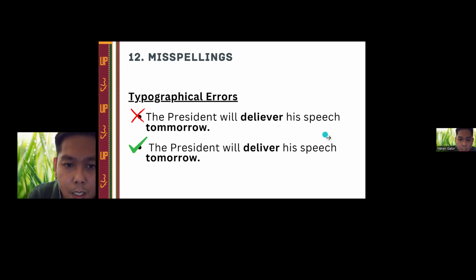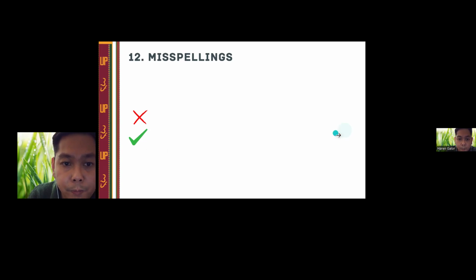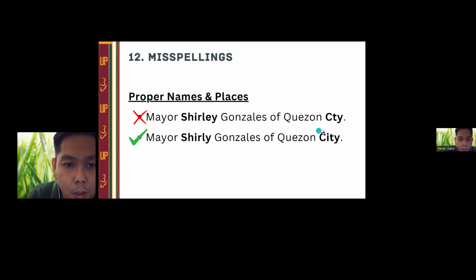Causing these errors could have a direct impact on the credibility of your report or the news itself because of the presence of such errors. The other thing you have to be concerned about is the misspelling of proper names and places. It's like in this example, Mayor Shirley Gonzalez of Quezon City.